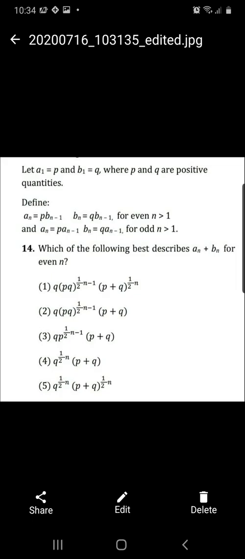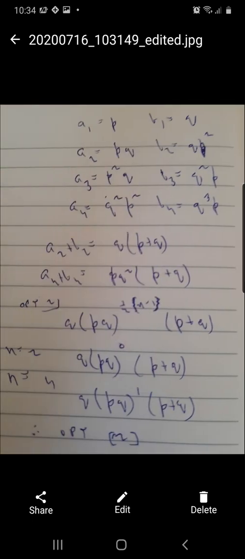So that is Q into Q square P, that is Q cube P.